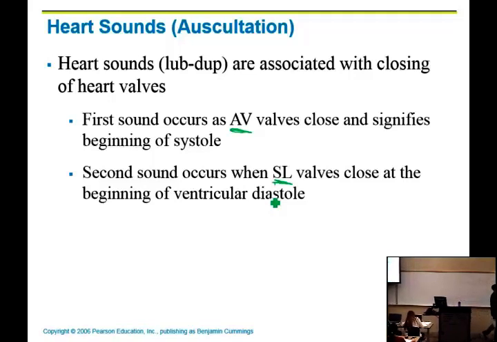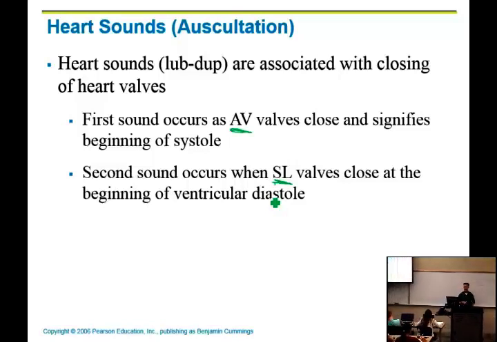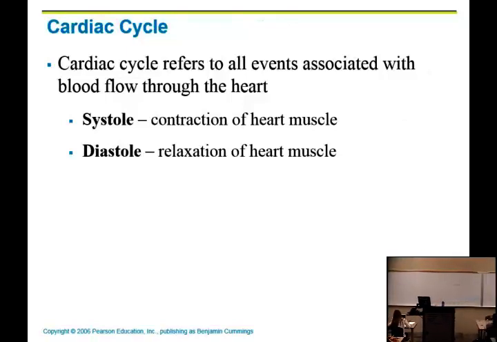Atrial ventricles, etc. So that's where those noises come from. We will be doing that as well in lab when we do our physiological lab week after next. We're going to be listening to those. But the first sound comes from the AV valves closing. Second sound comes from the semilunar valves closing.